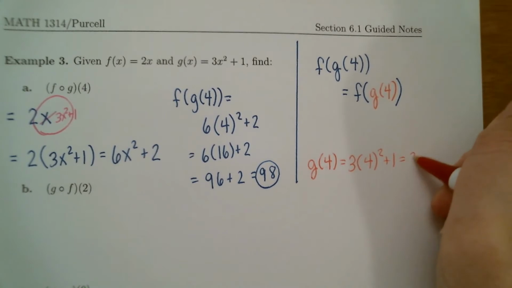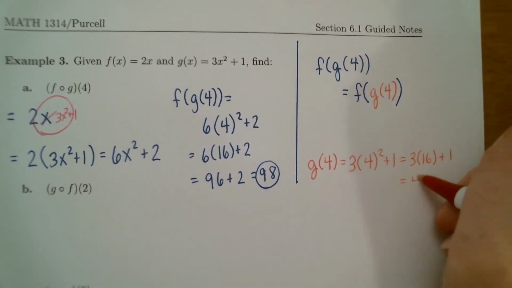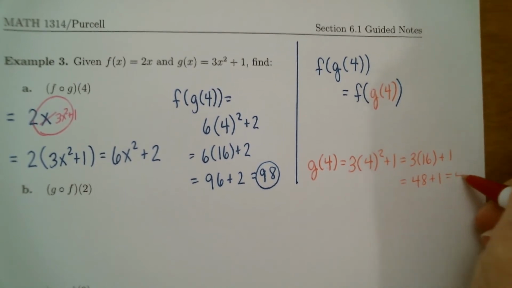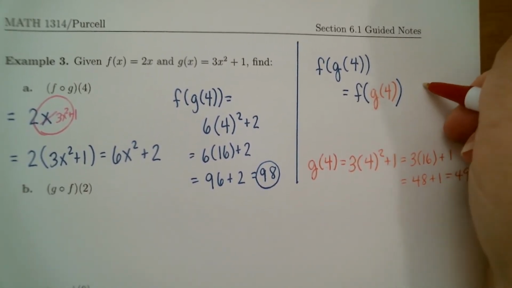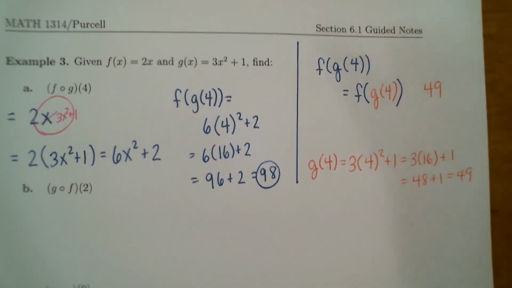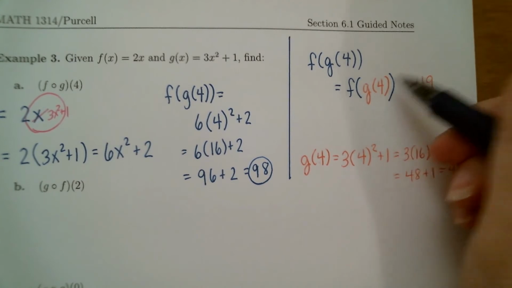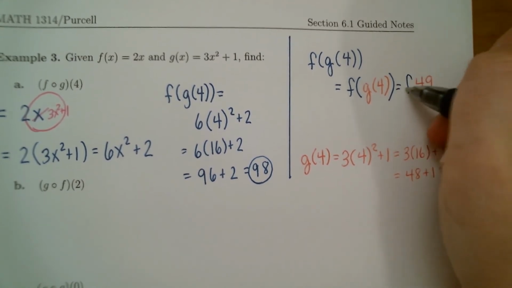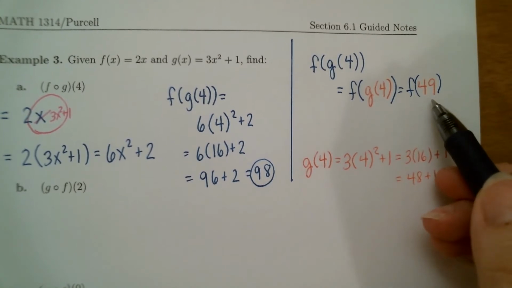That's 3 times 16 plus 1, so you get 48 plus 1, which is 49. So g of 4 is the same thing as 49. Whatever's in red is equivalent. This is the same thing as f of 49, since g of 4 is 49.